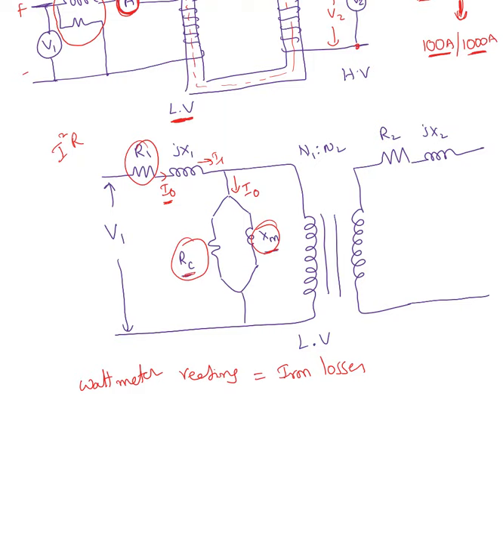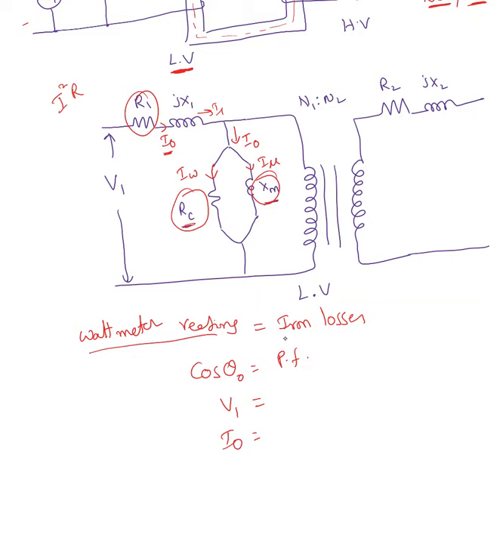So the wattmeter reading will give you the iron losses, and cos theta naught will give you the power factor, and I can find V1 and I can find I naught. Now the current flowing here we call IW, and the current flowing here is I mu.